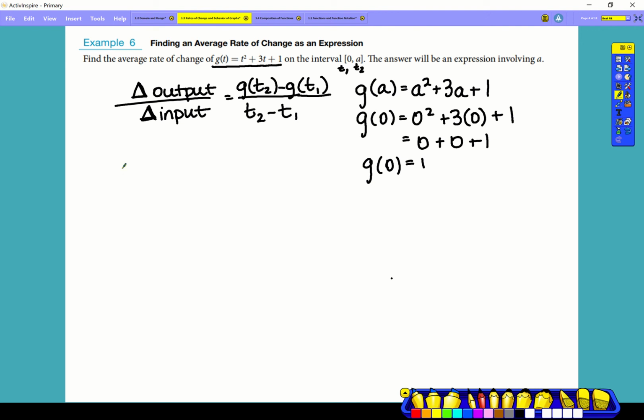Okay. So my g of t2, my t2 is a, my t1 is 0. Remember, my t2 is a and my t1 is 0.